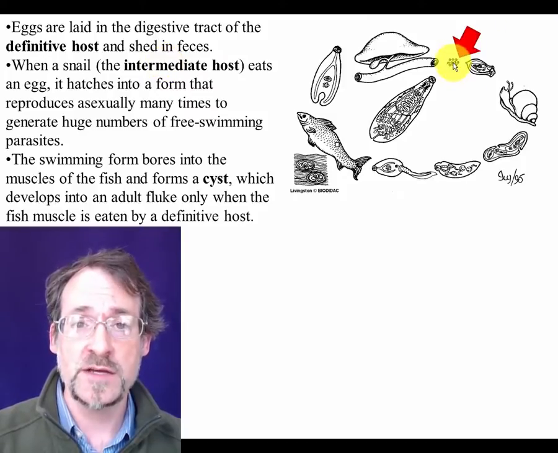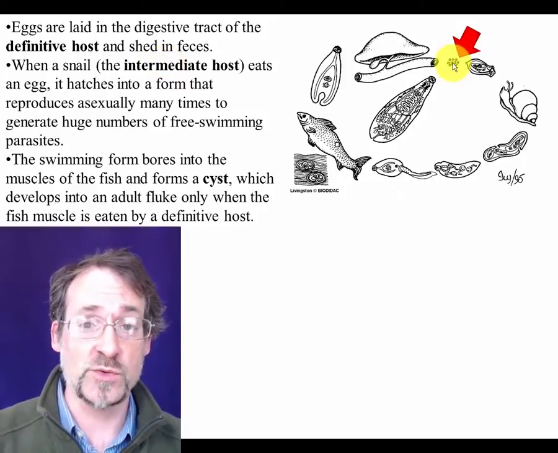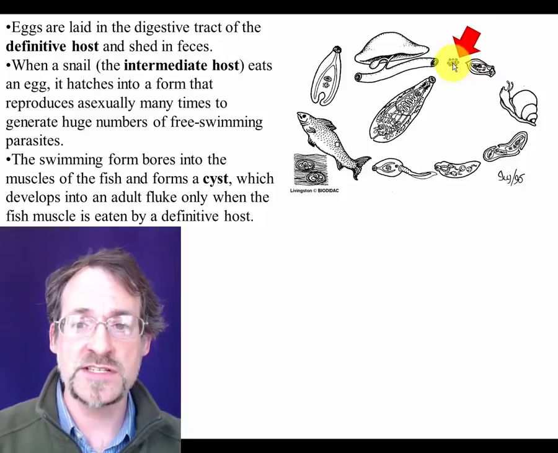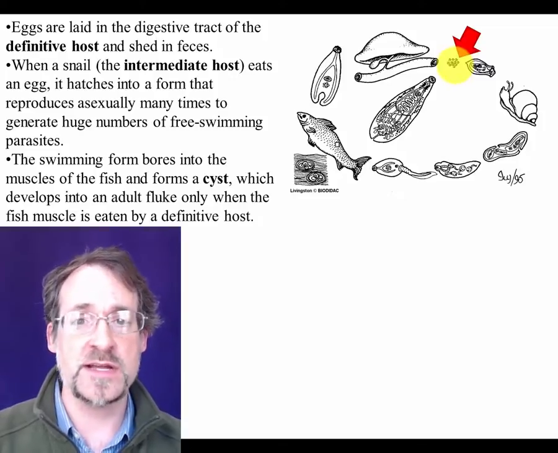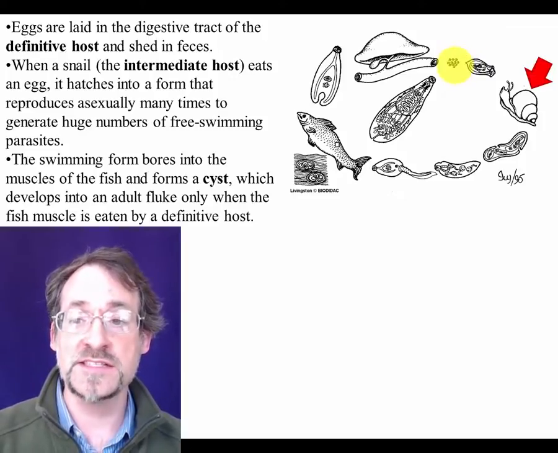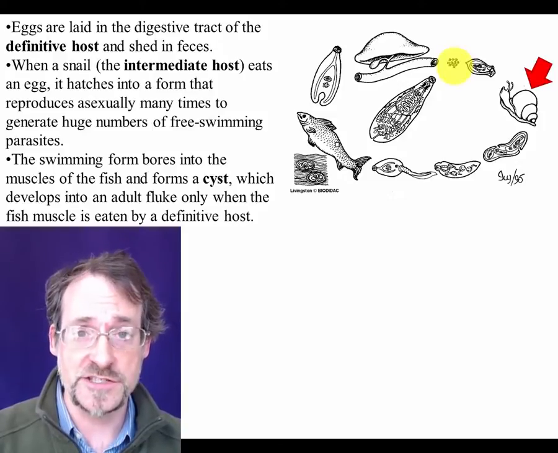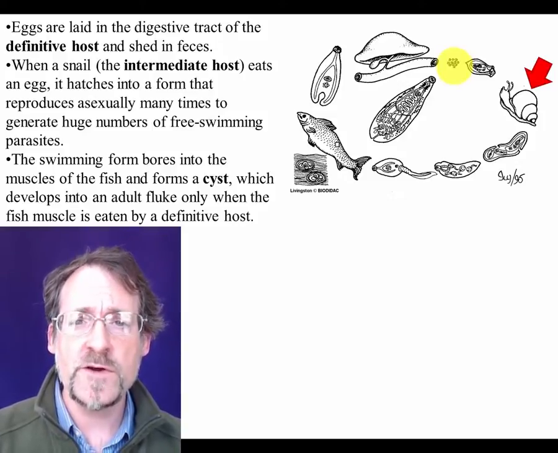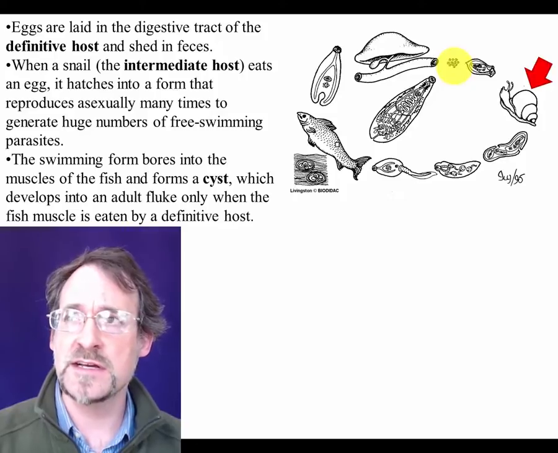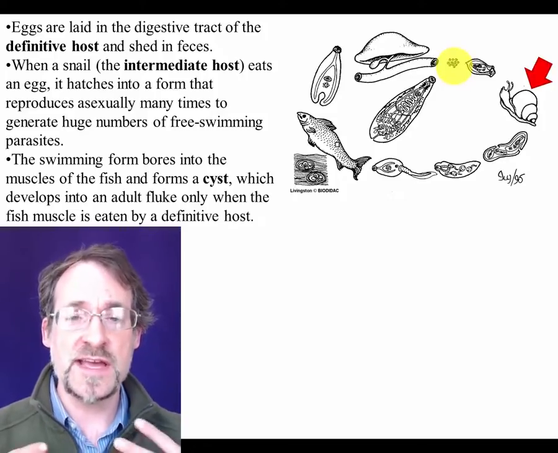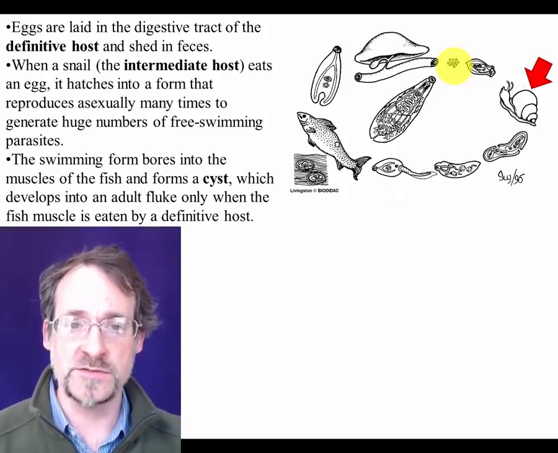They're shown here. Usually those feces are shed into water, and so the eggs end up floating in the water until they encounter vegetation. They stick to it, and if they are eaten by a snail, which is the intermediate host, the egg hatches. What follows then is a sequence of asexual reproductive events.